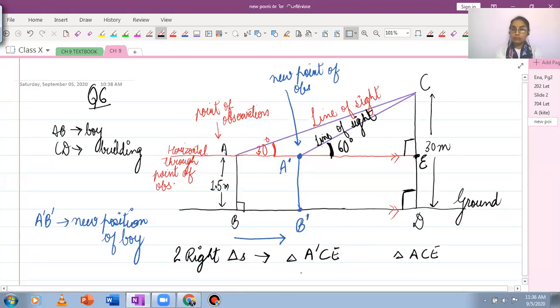So you're going to observe this, because once you have identified which right triangles are formed in your diagram or picture, only then you will be able to use T ratios. And our purpose is to find out BB dash using these two right triangles. Anyone with any questions at this point?